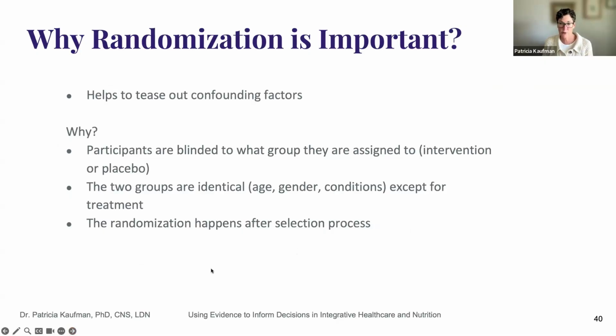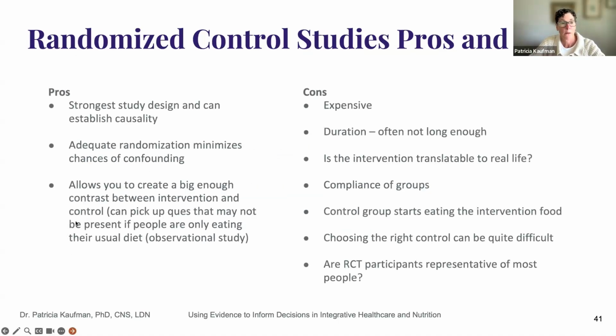So usually there's a selection: we interviewed 100 people, we're going to select 50, then they get randomized, because your inclusion criteria are going to get you a group of participants that are very similar. If you're doing it properly and then you randomize them, it shouldn't matter what group they are randomized to, so the groups are still equal and have the same demographics and age.